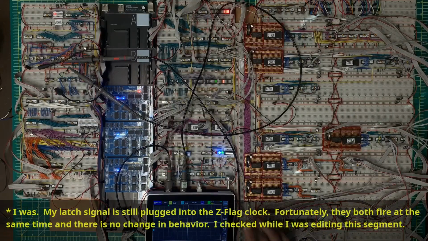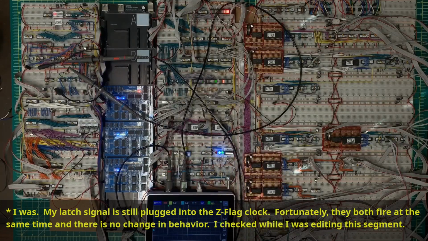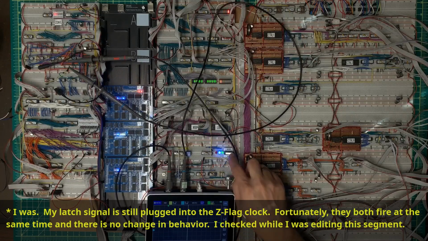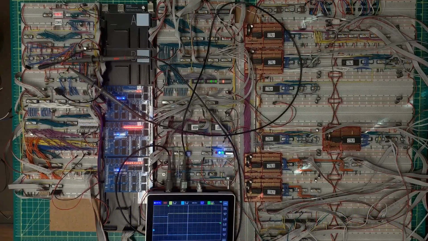That could be why it's not doing what I thought. So let's try this again. Reset. Okay, it's latching while it's low. That's good. We'll keep going. And this is latching during a transition. So how close do we need to get on this? Looks like I need a slight delay in the latch.